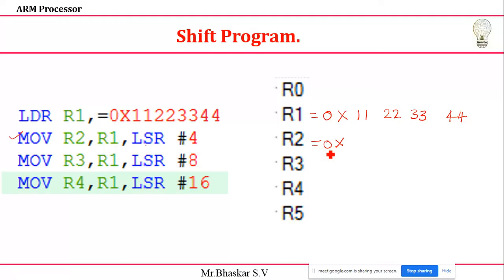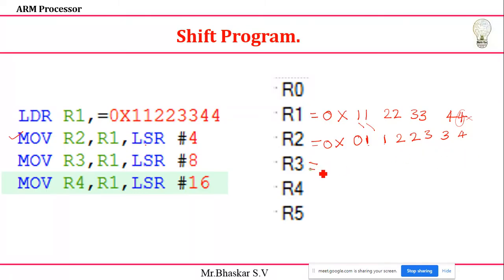Logical shift right, right side I need to move 4 bits. 0, 0 now. It is a 4. Only 1, 0. So this one will come to here. This one will come to here. 1, 1. Next is 2, 2. Next is 3, 3. Next I'll get only 1, 4. This complete one will be eliminated. So 1, 0, 1, 1, 2, 2, 3, 3, 4.